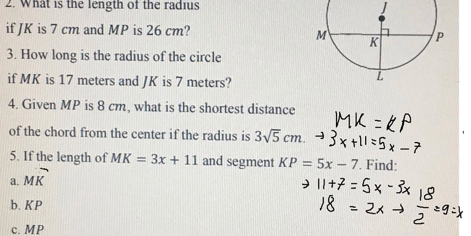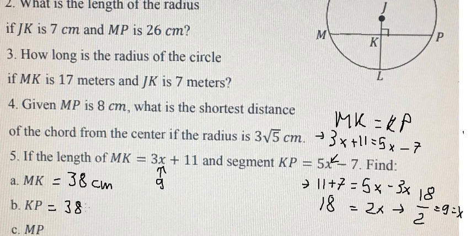So they want to find MK. MK, we just put number 9 in here. So 3 multiplied by 9 plus 11, we got 38. This one, we put number 9 in here. So you got 38 again.